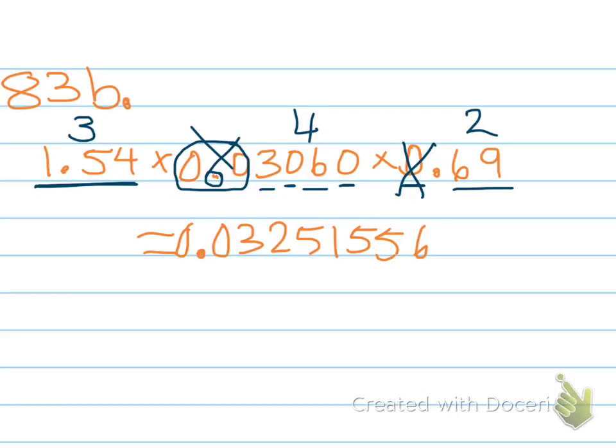So the rule for multiplication is the exact same as it is for division. So we have 3 sig figs, 4 sig figs, and 2 sig figs. Well, 2 is a lower number than 3 and 4. So our answer needs to have 2 significant figures. When we put all 3 of these numbers in the calculator and multiply them, we get this huge number down here. So how do we round it? Well, we need 2 significant figures.